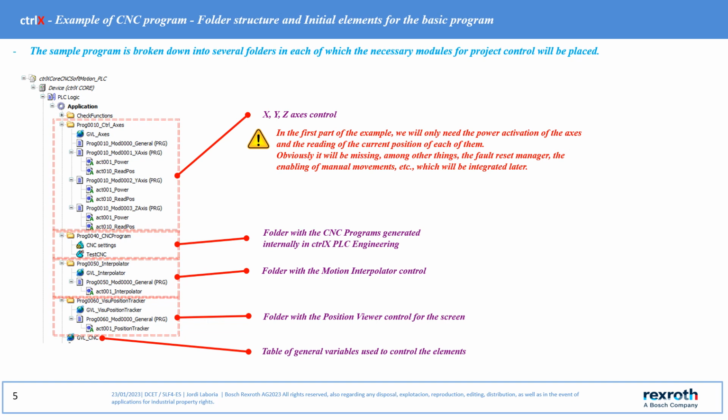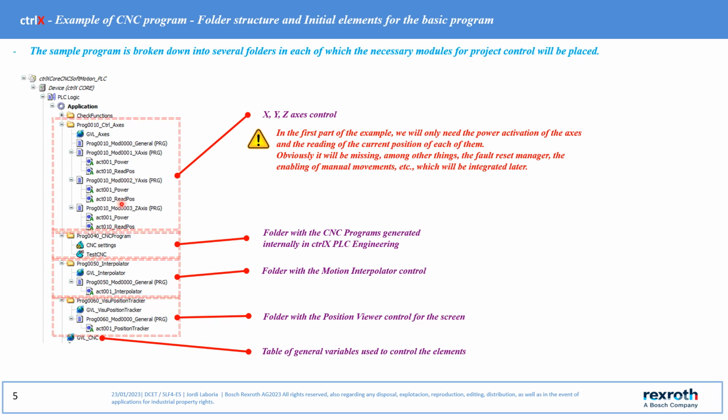The program example is made in different folders, each one of them with the different modules for the control of the project. In this first part of the project, we will only need the one to activate the power in the simulated axis and the reading of the current position.